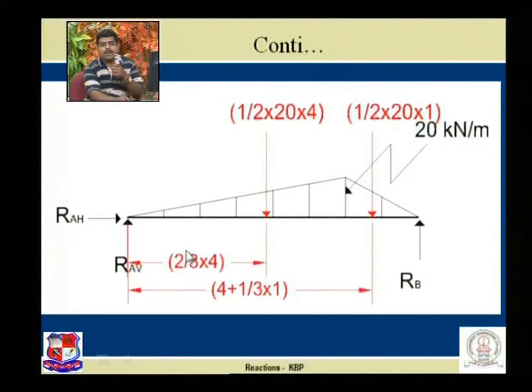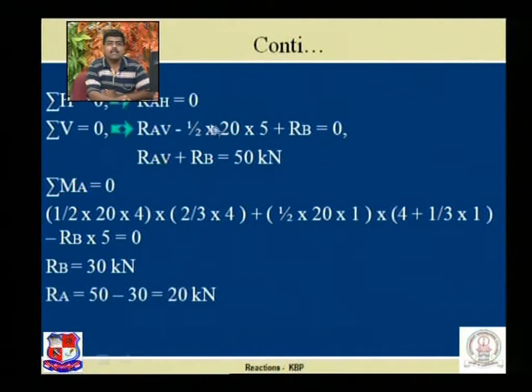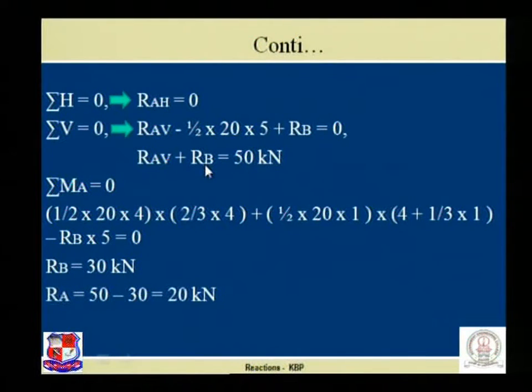Using the first equilibrium condition, sigma H is equal to 0, RAH comes to be 0. If we take the second equation, sigma V is equal to 0, then RAV upward minus half into 20 into 4 minus half into 20 into 1 plus RB is equal to 0, and we have one equation from that, that is RAV plus RB is equal to 50 kilonewton.